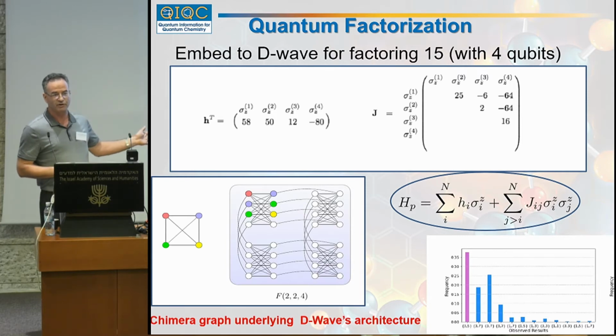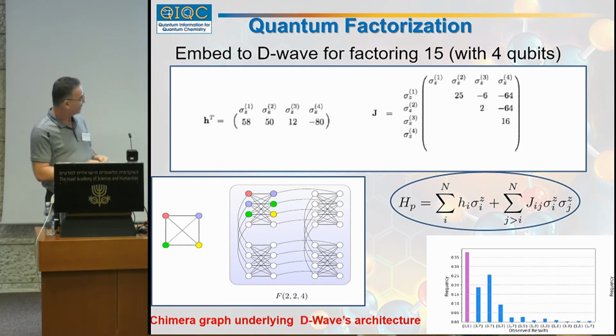And since our electronic structure also moved to Ising, the question is what is the correlation, or if there is any relationship between the electronic structure, which we map to Ising, and factoring, which can also map to an Ising Hamiltonian. And we ran this calculation. For example, if you factor 15, this is the J coupling in the Ising, and this is the H. And we ran it also on the D-Wave machine, and my student got the factors 3 and 5, where the factorization of 15 is the ground state of this Hamiltonian.